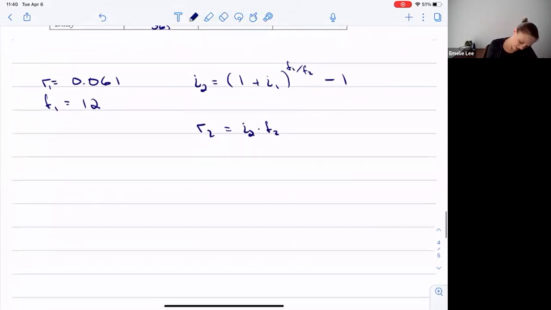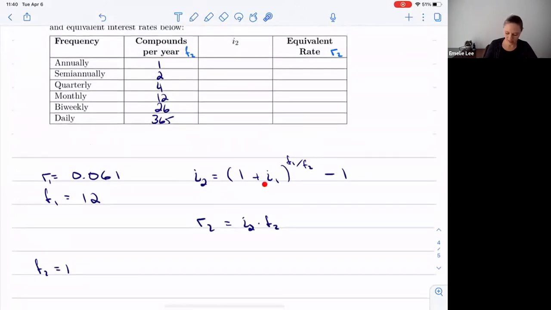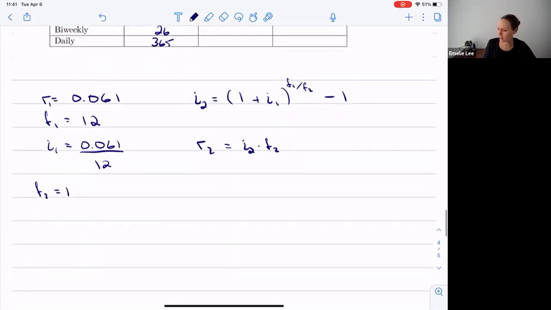If F2 is 1, well, first thing I need to do is find I1. I1 is 0.061 divided by 12, just doing it on the side here. This one's a little tricky for decimal places.